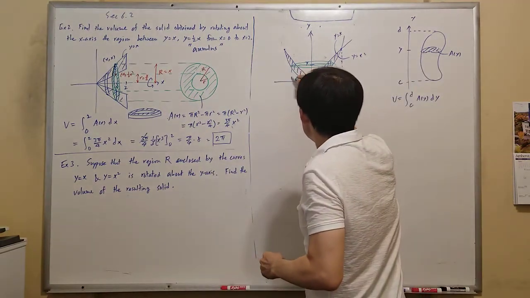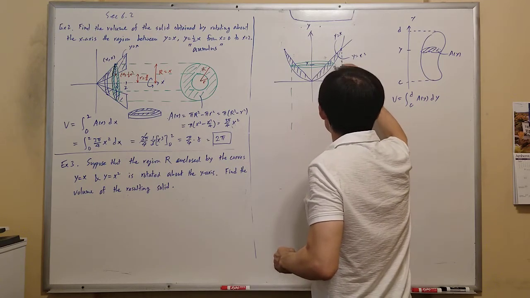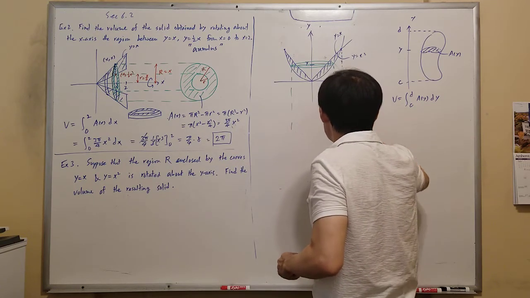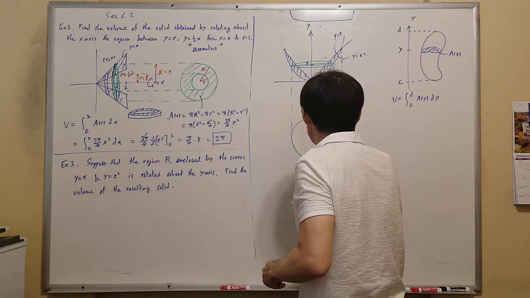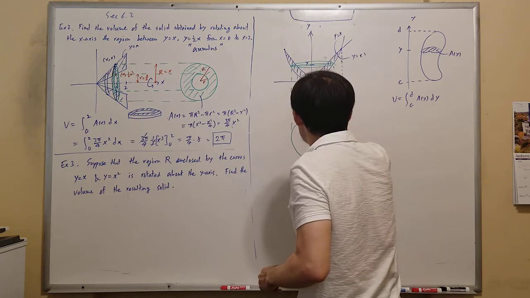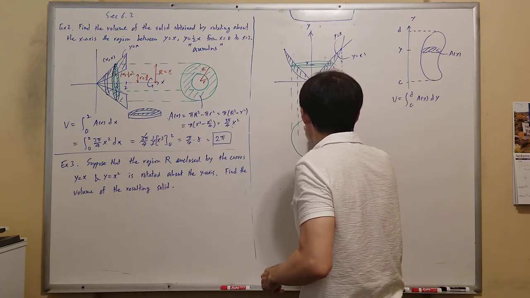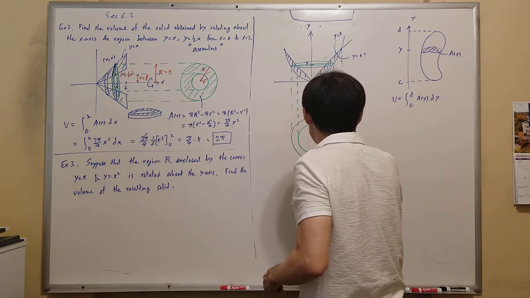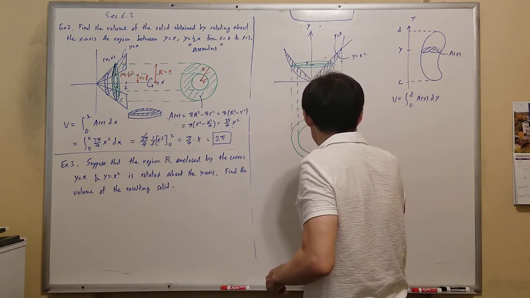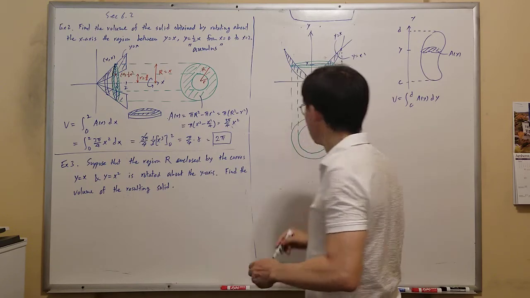So if you draw that cross-sectional region over here, it will be like this.